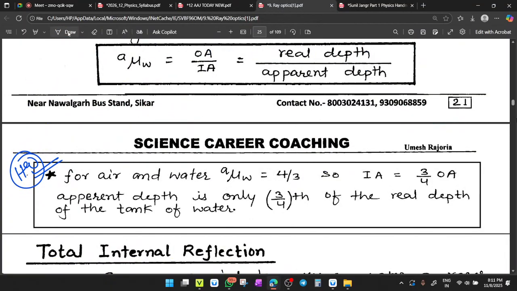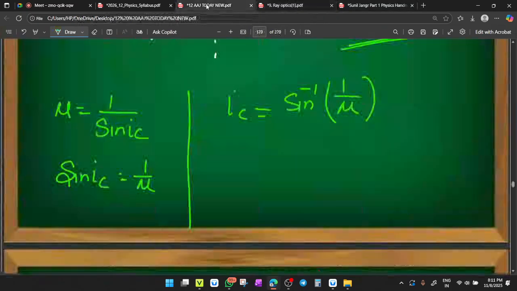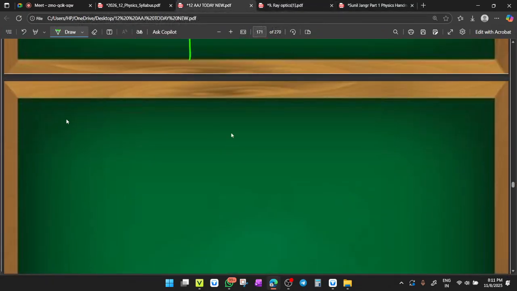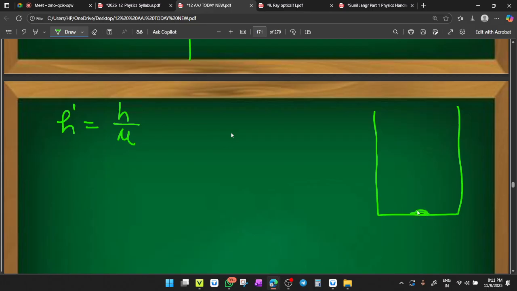Okay students, a numerical here is from real depth and apparent depth. For air and water, aμw, the refractive index of water, is equal to 4 by 3. As we know, we have the formula h dash equals h by mu. Now, if you dip a coin in the water, this coin is dipped at a depth h of liquid.